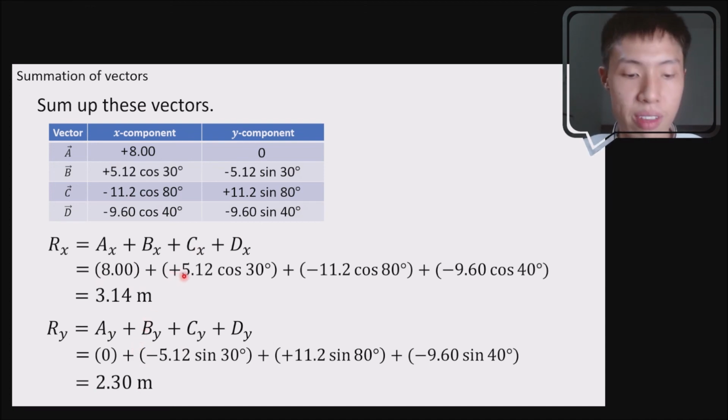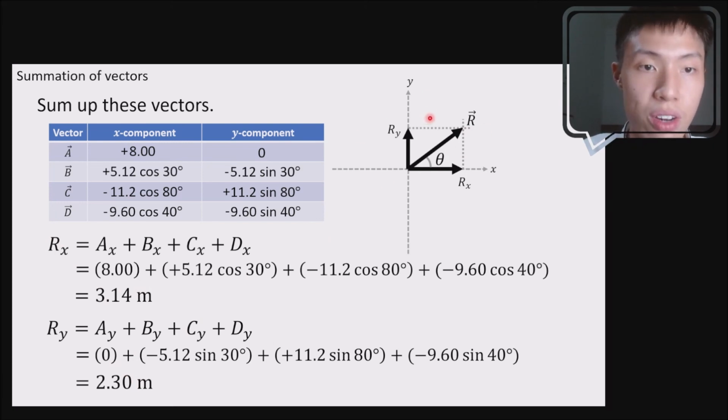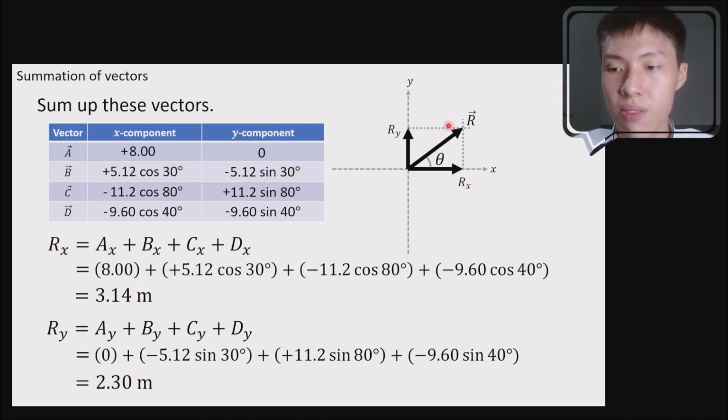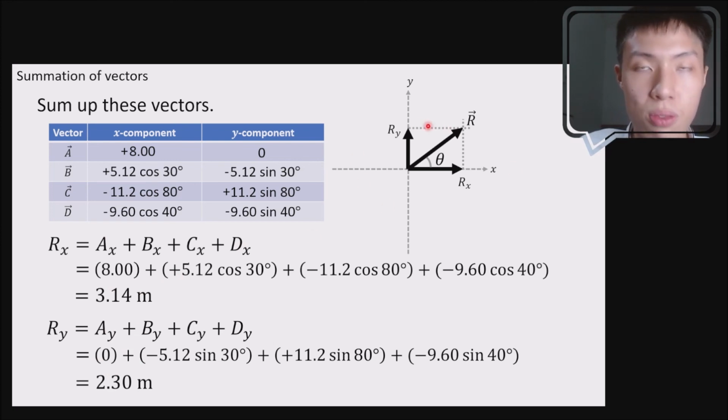Then once you have done that, using the values of Rx and Ry, draw a diagram to be clear where your R vector, your resultant vector, will be. So all these steps, finding Rx, Ry, and drawing it to visualize, are the third step.